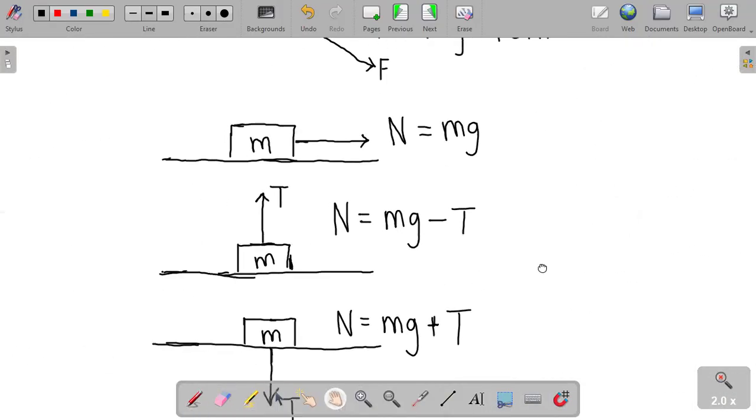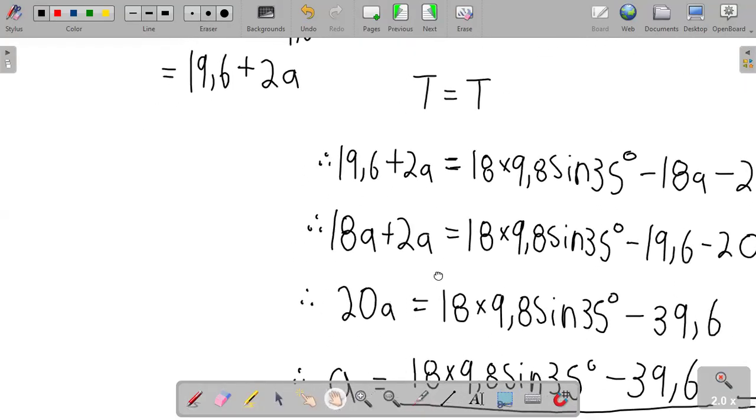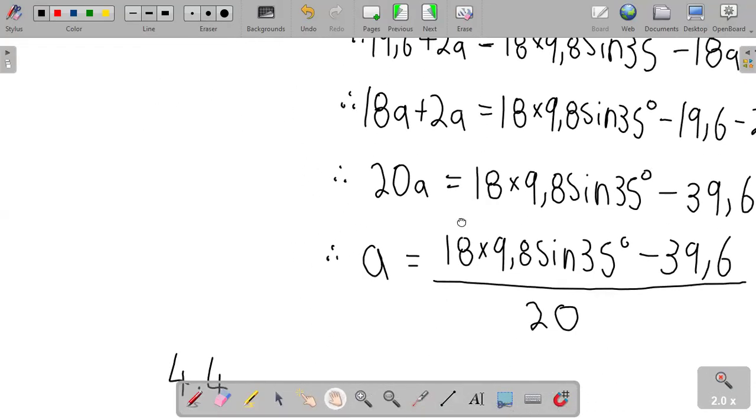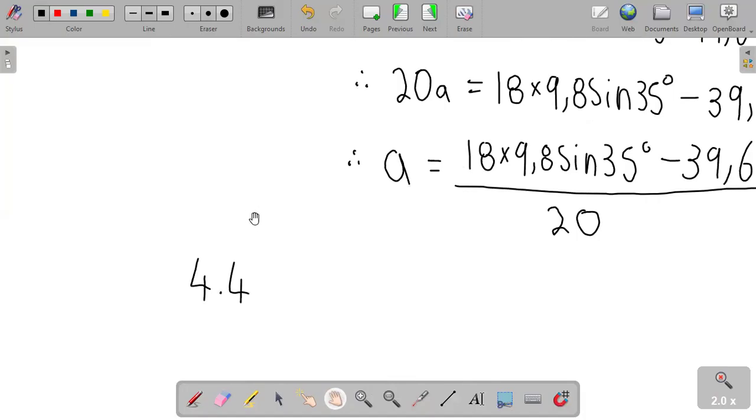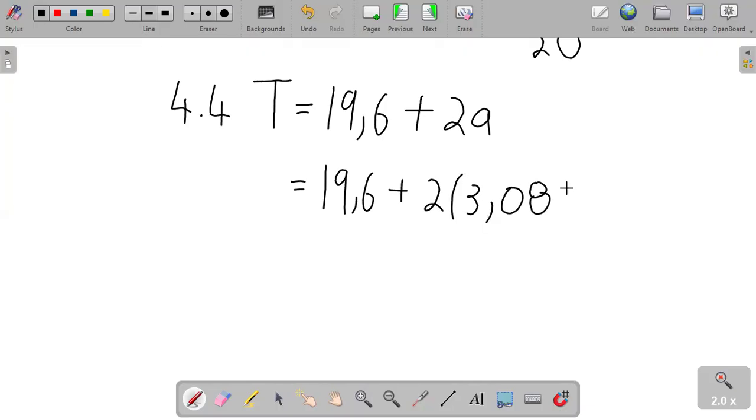Okay, so if we have the acceleration, it would be easy to find the tension. We can use this, okay? So we can say tension equals 19.6 plus 2a. And so we can substitute the a here. So it's going to be 19.6 plus 2 into 3.08.